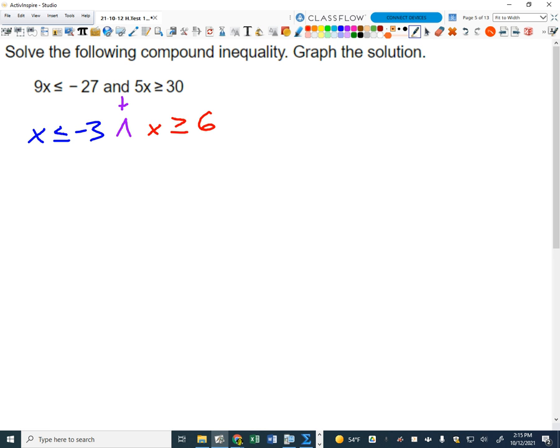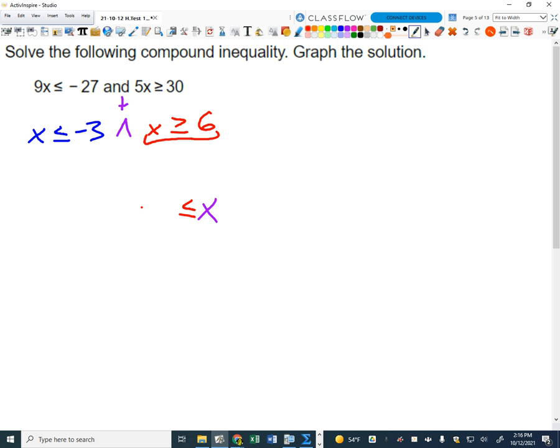Okay, so how would I say that using a compound inequality where x goes in the middle? There you go. So I got my x in the middle. If x is, let's look at this solution. If x is greater than or equal to -6, oh, okay, hang on a second.